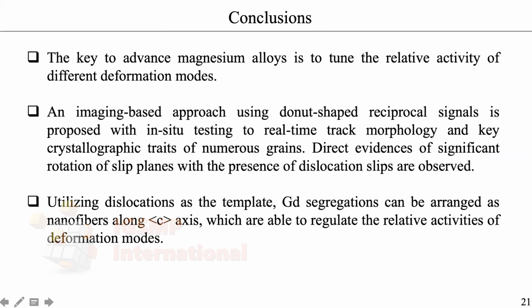So in conclusion, the key to advanced magnesium alloys is not only strengthening it, but also tuning the relative activity of different modes. There are basically two routes to do that: with reduced grain size, where there's a lot we have to discuss about its deformation physics, or we can induce the anisotropic precipitation of the strengthening units so that we will be able to achieve the goals as well.